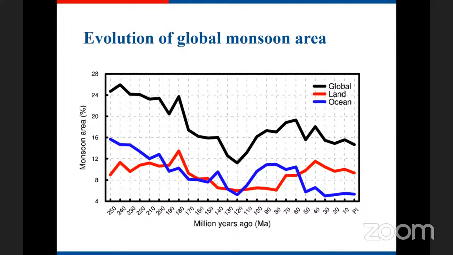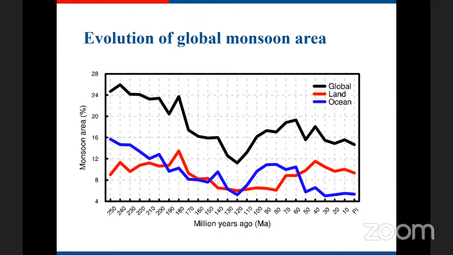Then if we look at the land monsoon, we can see the land monsoon area doesn't change very much until 170 MA, then decreased. Then after 80 MA, the land monsoon area increases again, then decreased after 40 MA.